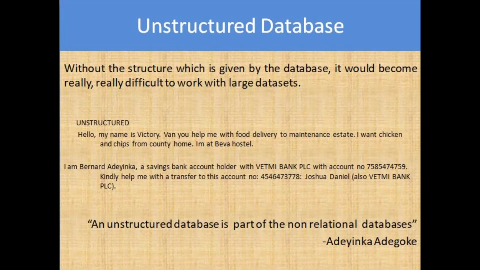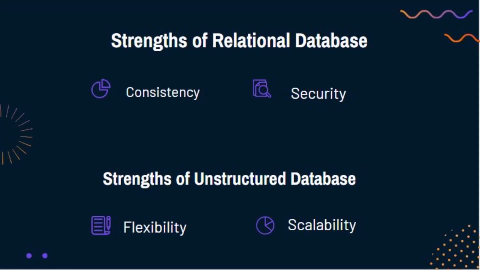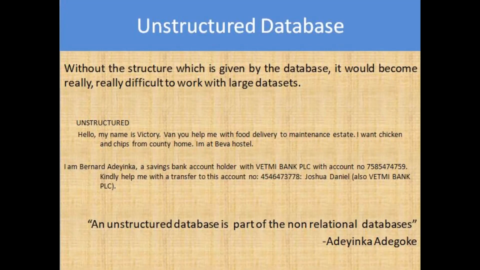If you just say, okay, go to your app and press buttons, not everybody is interested in that, and not everybody has the technical know-how for that. So when it comes to scalability and flexibility, unstructured and non-relational databases are actually more in demand. We know that so much data is coming to companies. Customers prefer to give their data in an unstructured way, because for them that is flexible and scalable.